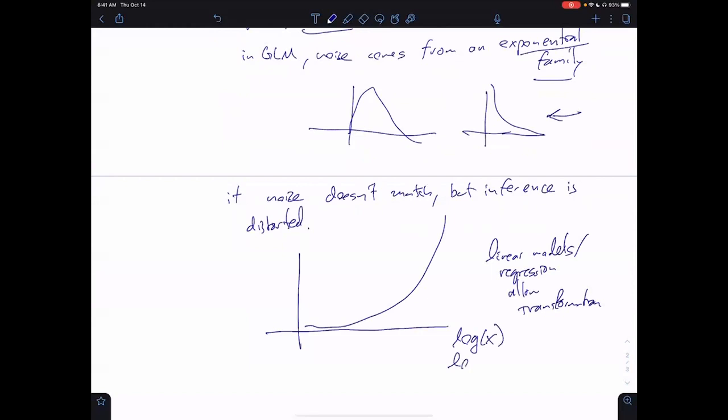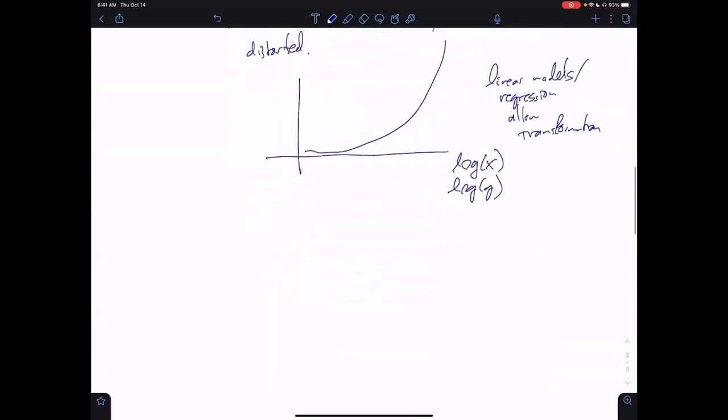Or log of y. Or I can take a square root, or I can do whatever, so I can transform both the input and the output variables, the predictor and the explanatory variables, using some kind of transformation, and those things are still allowed in the context of generalized linear models. So whether you're in linear or nonlinear or generalized linear models, you have really a lot of modeling power, a lot of choices that you can make.